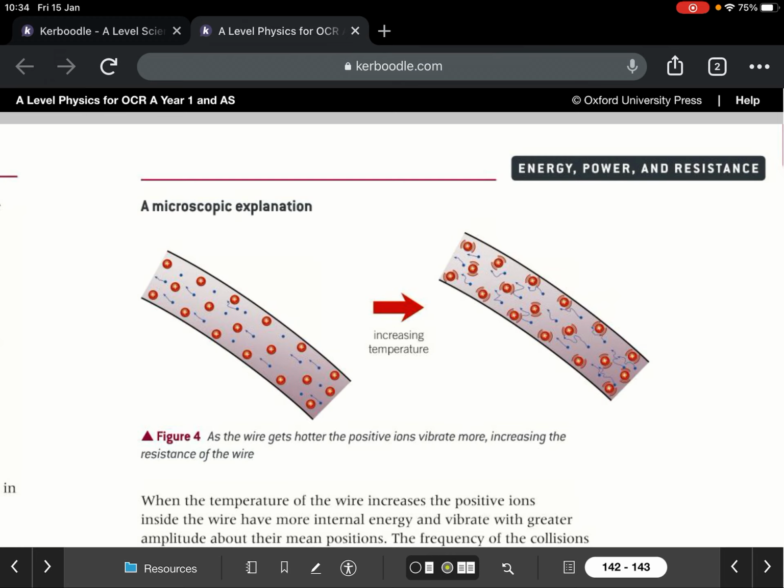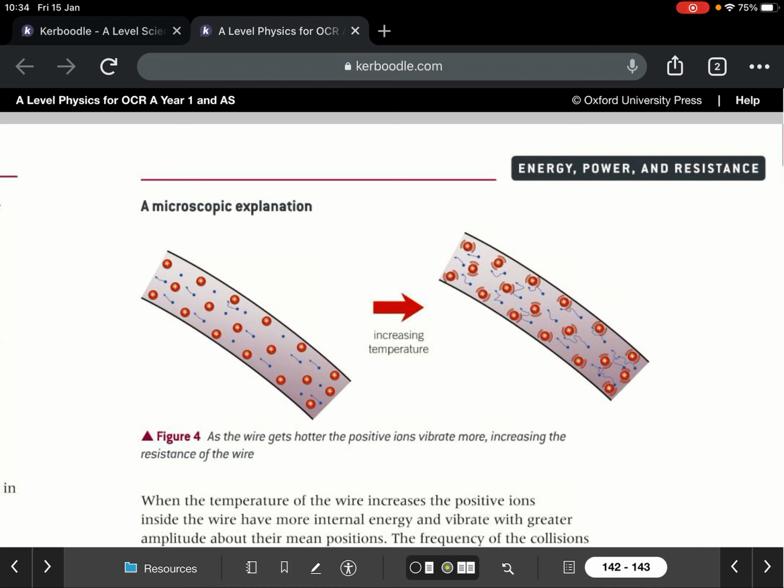That means the free electrons that are flowing through the wire and are acting as our electric current can go through without really any interference. On the right-hand side, however, when you have increased the temperature, the ions start vibrating more, and so they get in the way a little bit more. And so the electrons that are trying to get through collide with them and have to move out of the way, and it just slows them down generally. So the current ends up decreasing because its resistance has got higher.